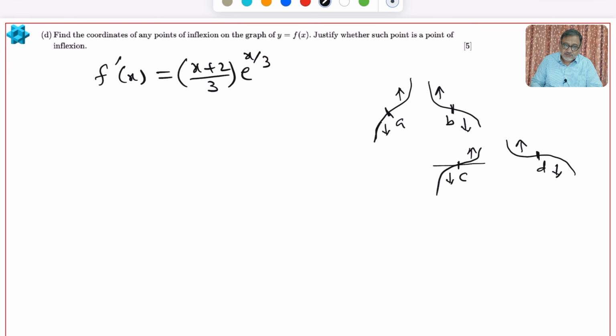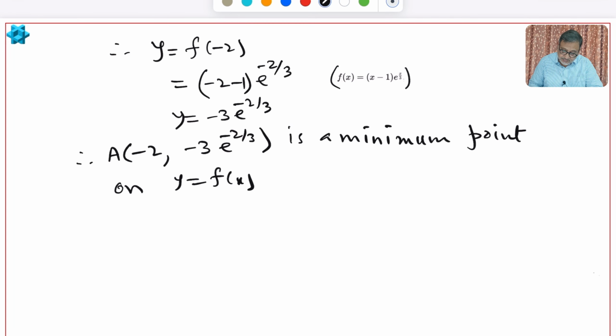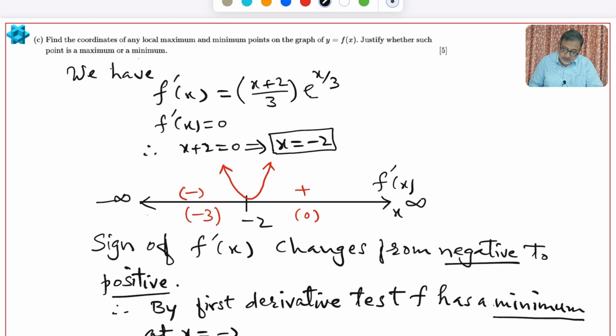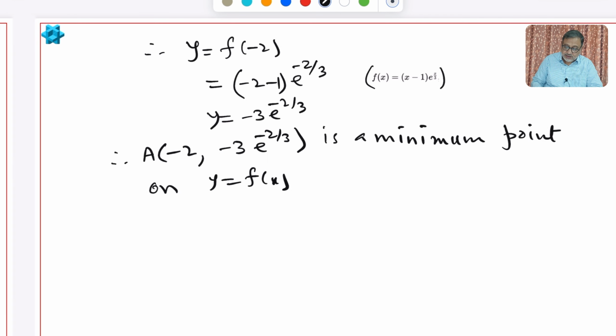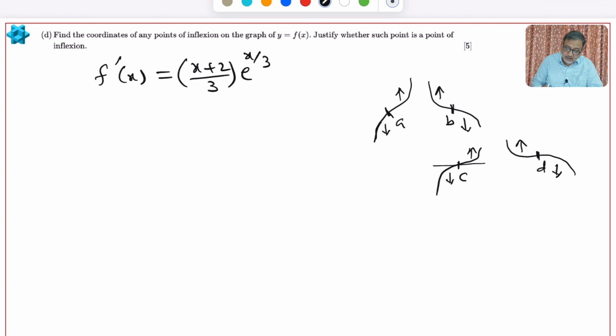This is the first derivative, right? Therefore, the second derivative will be d2f by dx square.